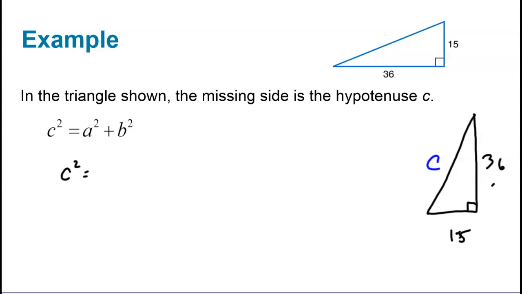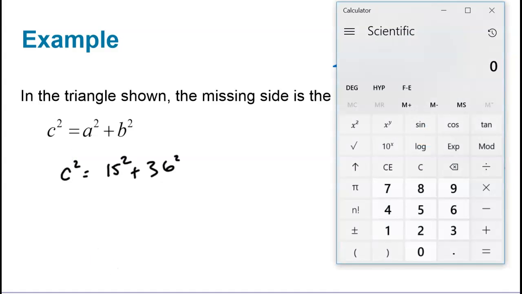c squared equals 15 squared plus 36 squared. And get our calculator out, and so 15 squared is 225, and 36 squared is 1,296. Adding those together gives us 1,521.